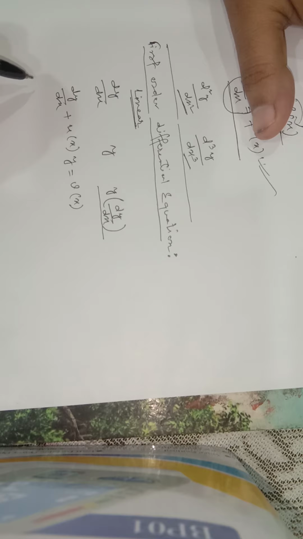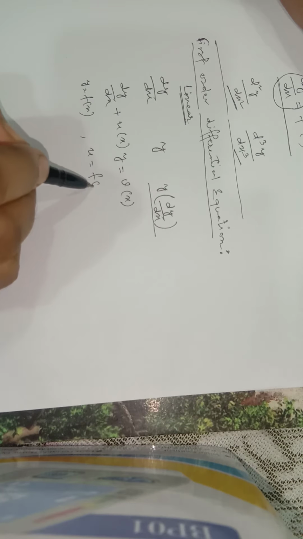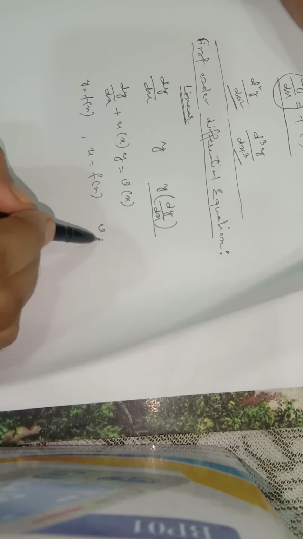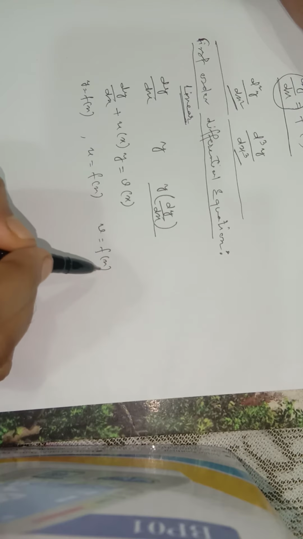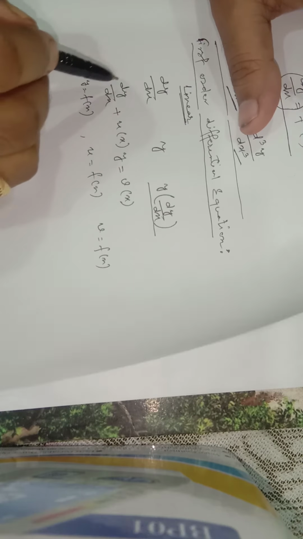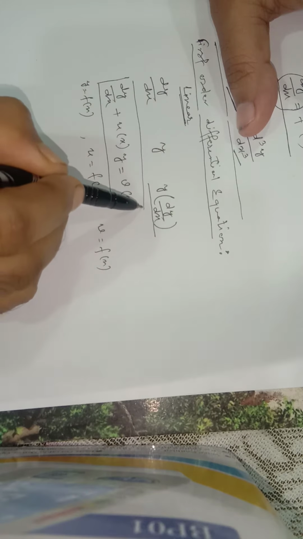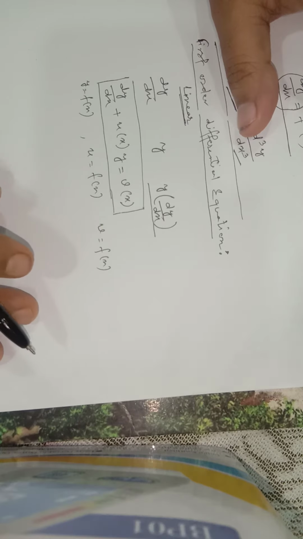So here y is a function of x, u is also a function of x, and v is also a function of x. This form of equation is called the first order linear differential equation.